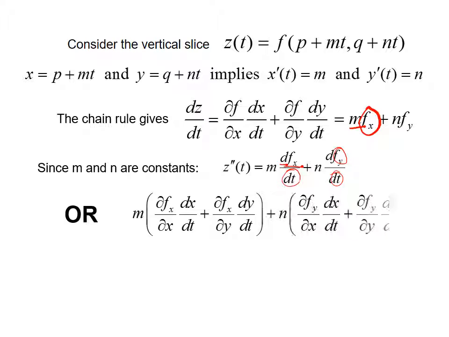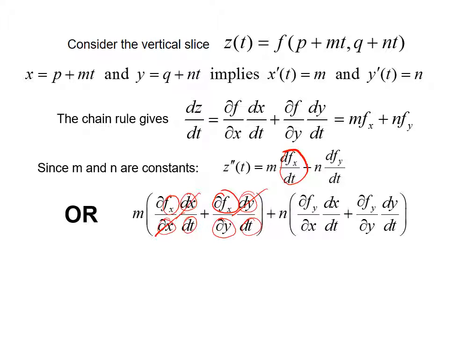Now, by the chain rule, the derivative of f sub x with respect to t is the derivative of f sub x with respect to x times dx dt, plus the derivative of f sub x with respect to y times dy dt.